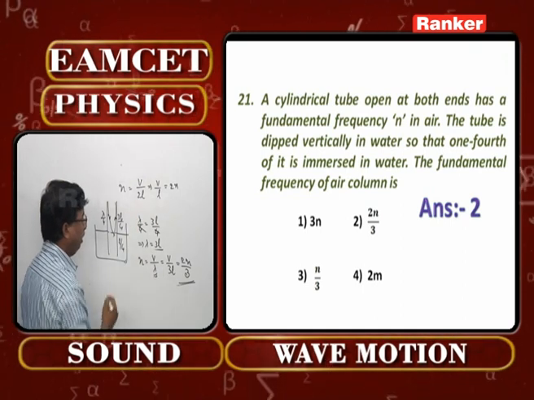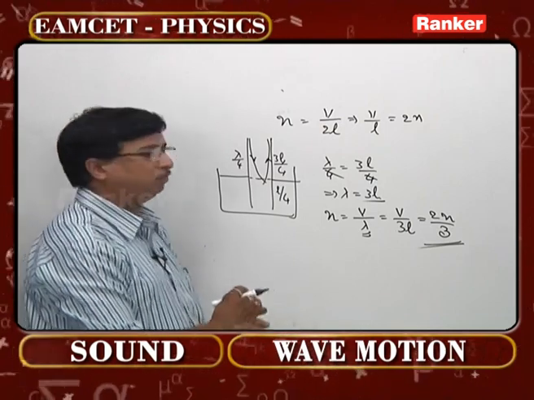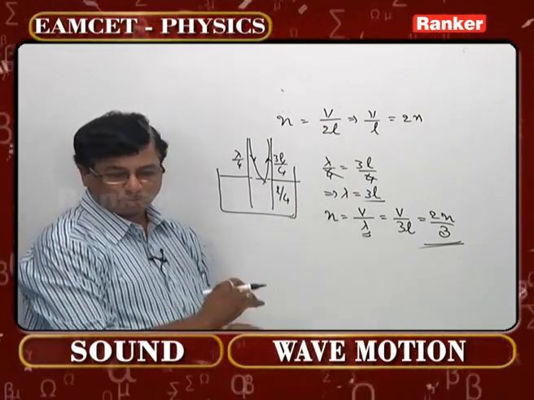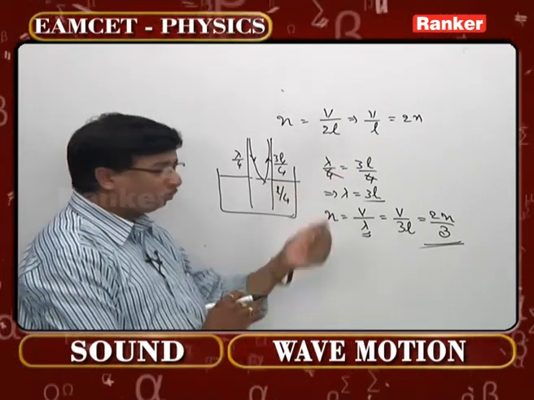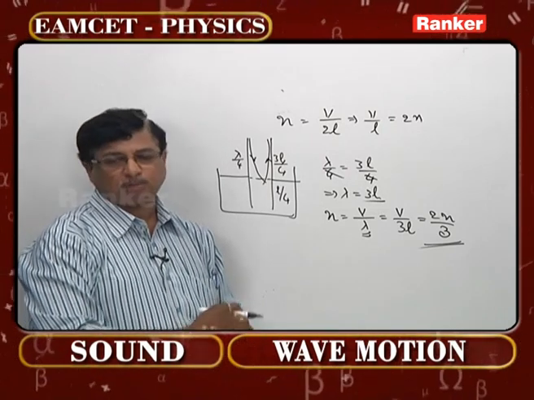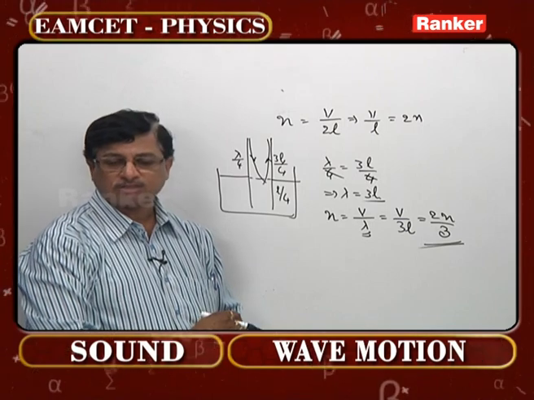So this way, different model questions, whatever we have discussed based on the vibrating string of a sonometer, the open pipe, the closed pipe, and the basic equations of waves like a stationary wave, a progressive wave, and the relation between phase and path differences like that.